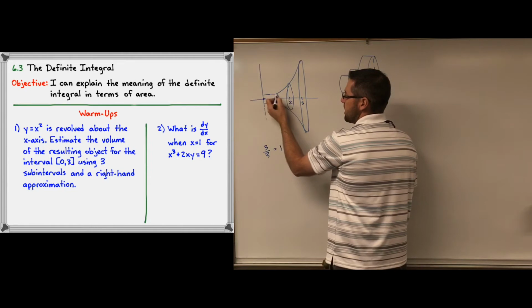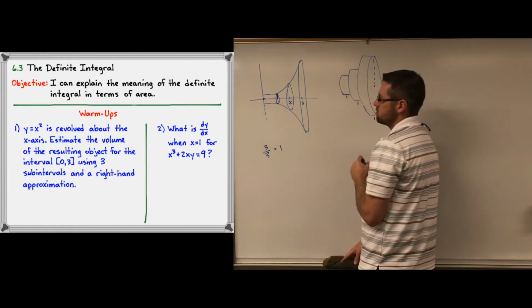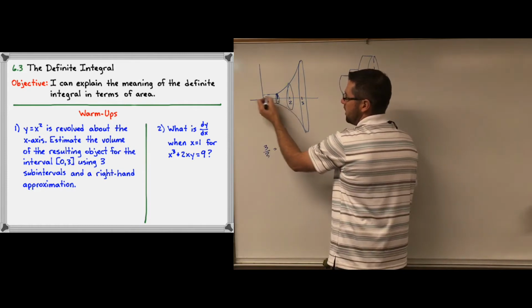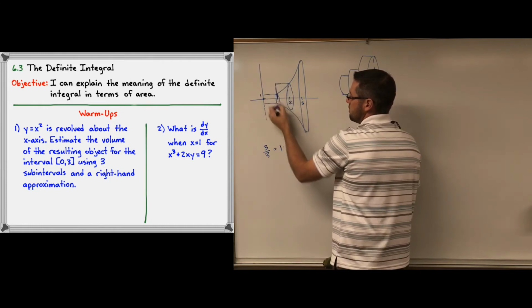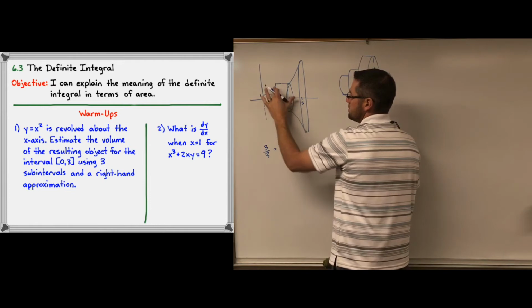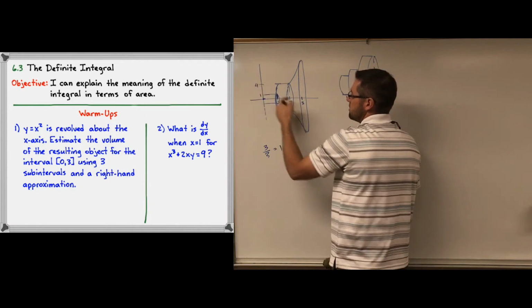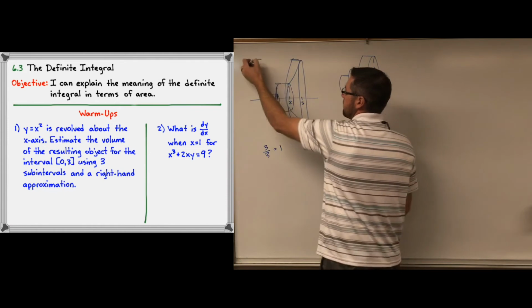How do I get this height? You plug it into the function. So how tall is it? 1. And out of this one, we're using the right-hand side, so it's going to be 4, because we're plugging in 2. And then this one is going to be 9.